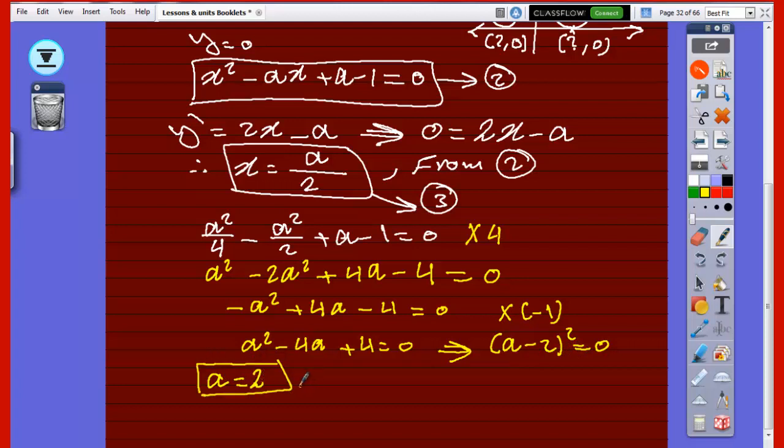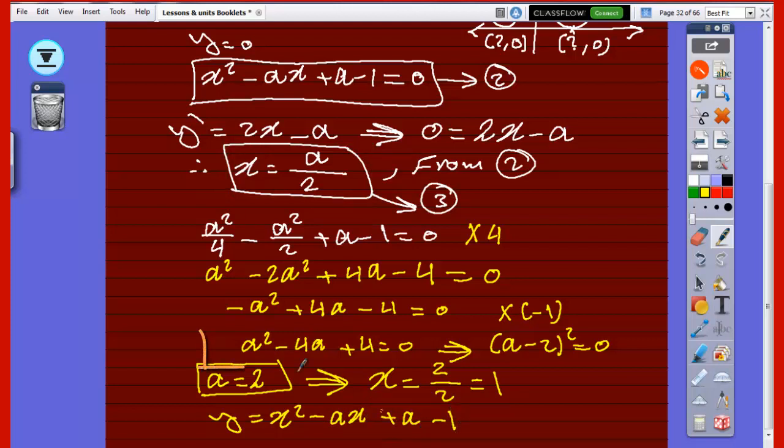Now we have a equals 2 and x equals a over 2, which means x equals 2 over 2, which equals 1. The original equation of the curve is y equals x squared minus ax plus a minus 1.